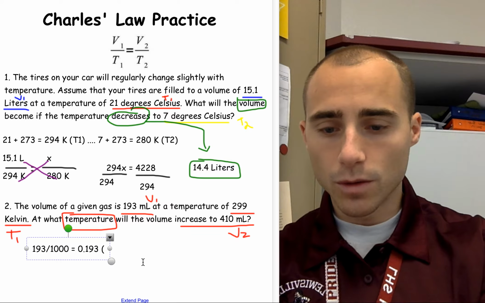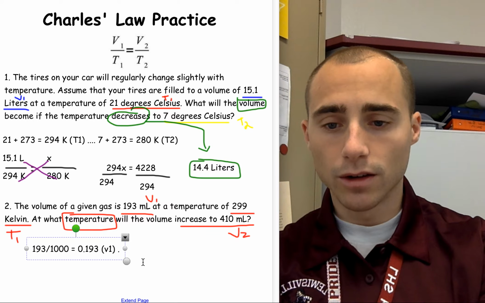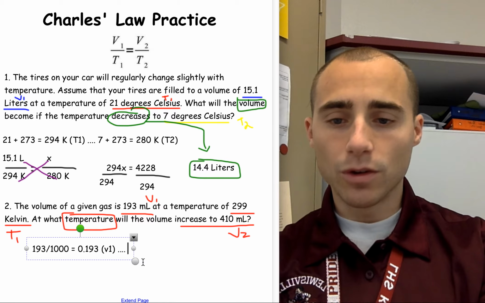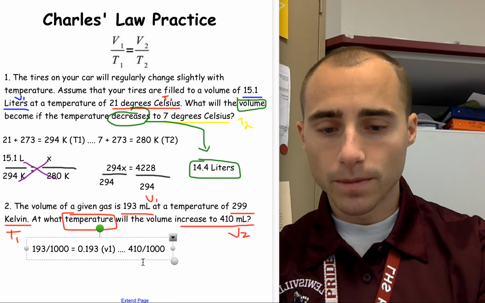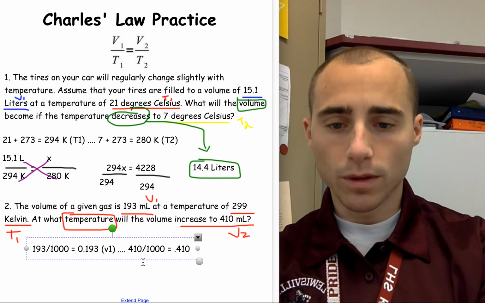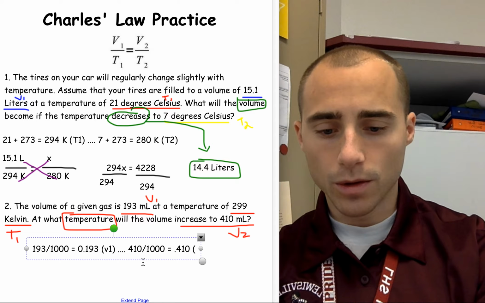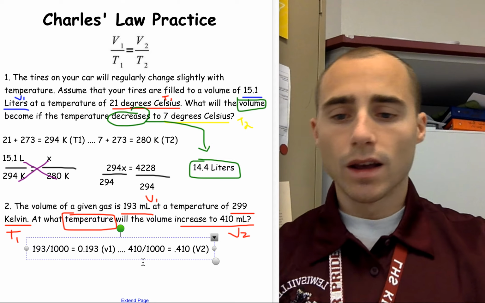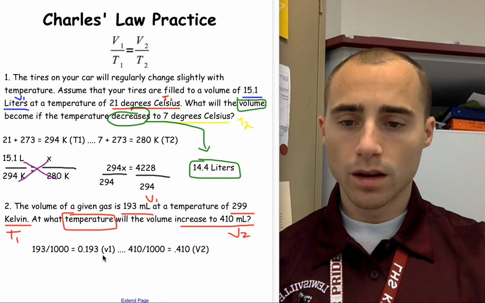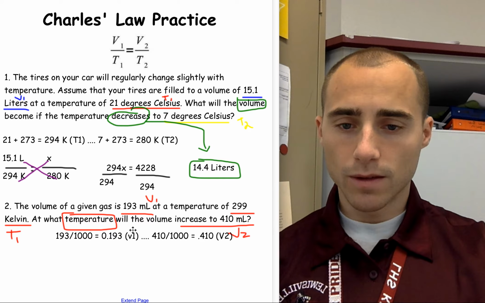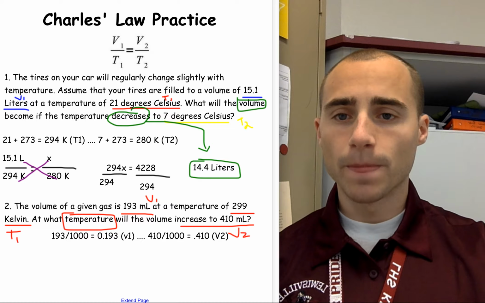So that is our V1 in liters. And then 410 divided by 1,000 gives us 0.410, and that is our V2 in liters.